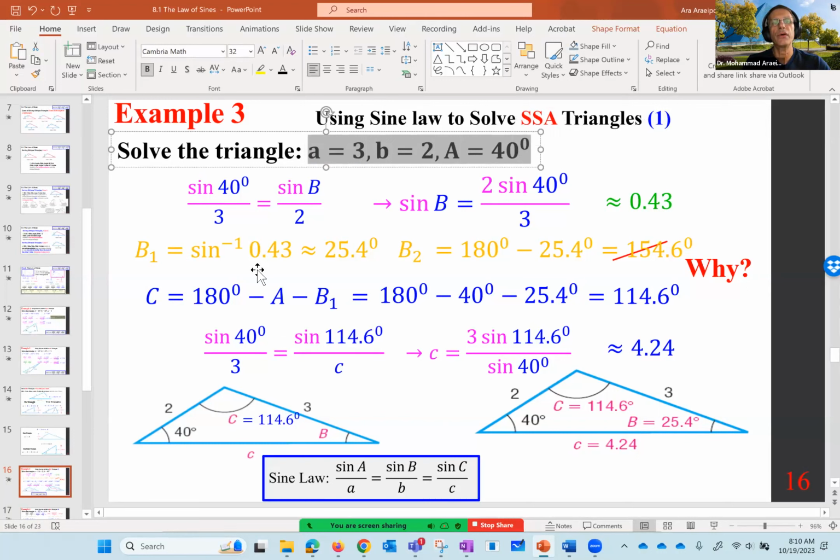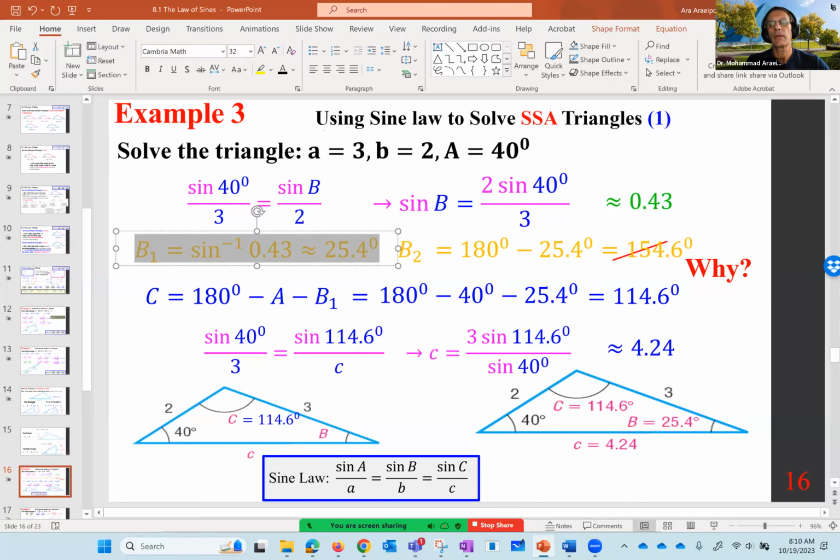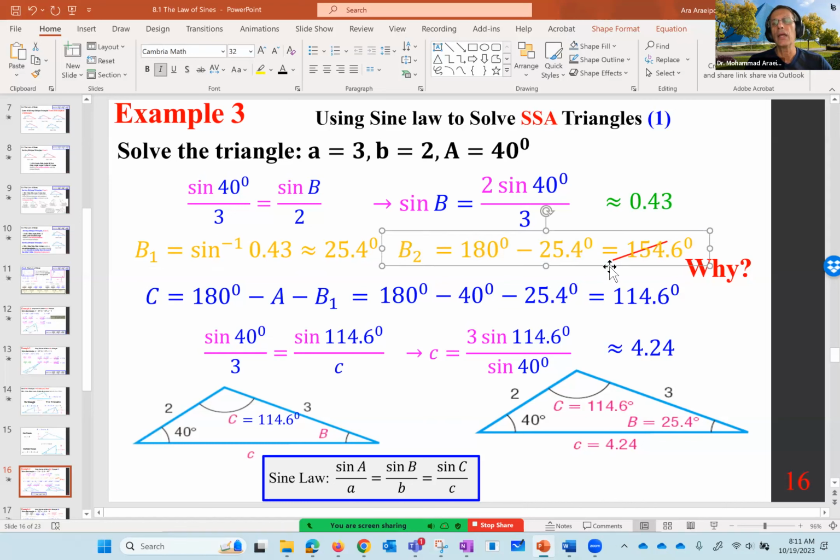The angle we find is less than 180 degrees, obviously, because all interior angles must add up to 180. And because it's less than 180, and because sine is positive in the first and second quadrant, you subtract that from 180, and that gives you the second angle.